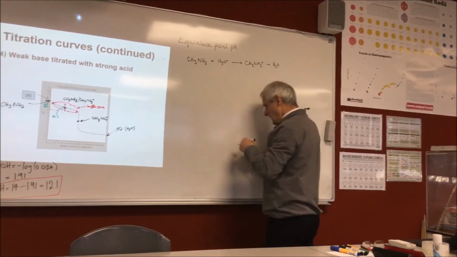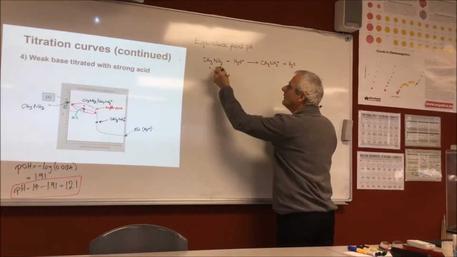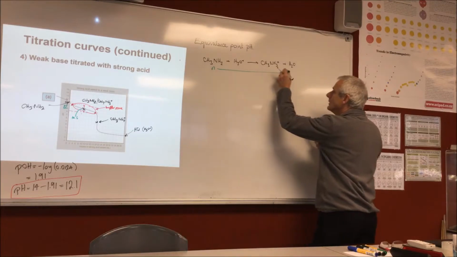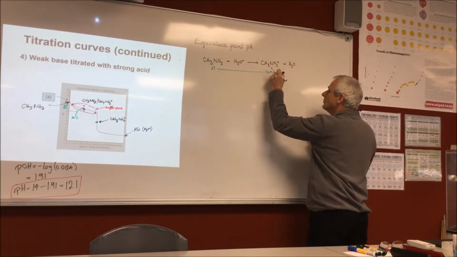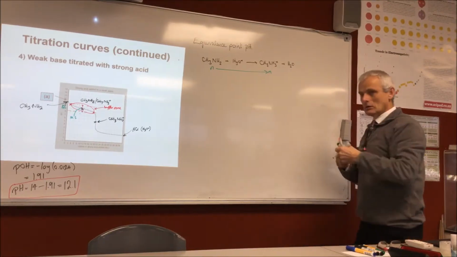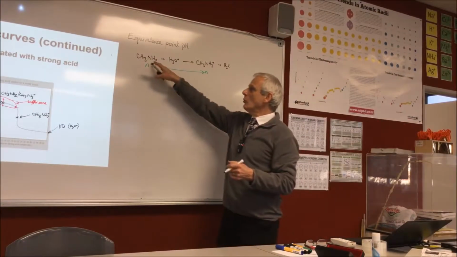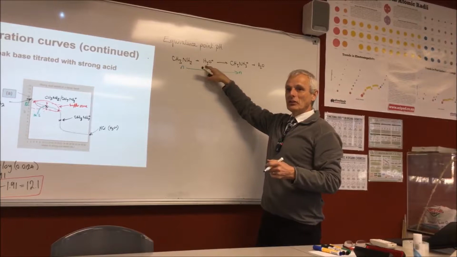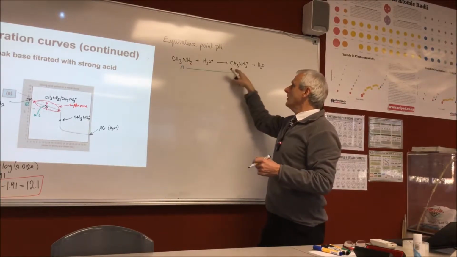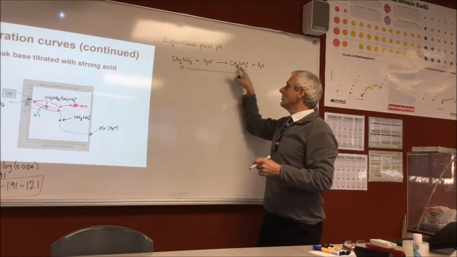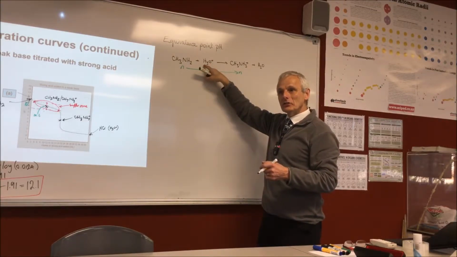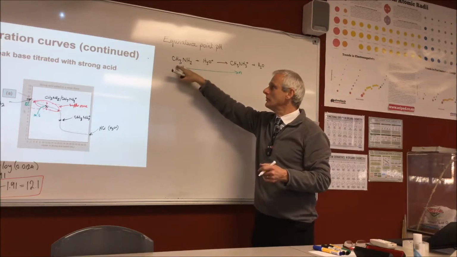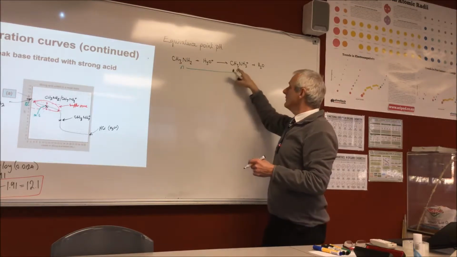So if we have n moles of this, it ends up as n moles of its conjugate acid. Now this is a 1-to-1 reaction. So to get from that to that, I need to add n moles of H3O+. So n moles of this reacts with n moles of that to give n moles of that.